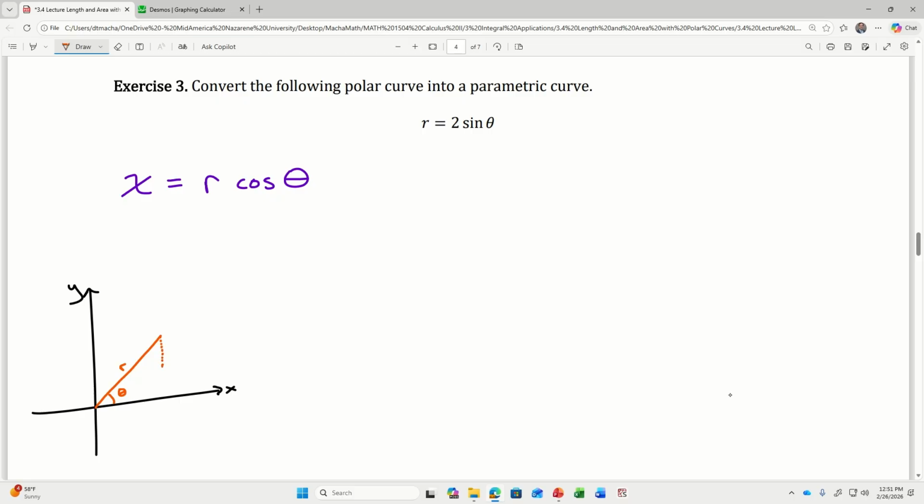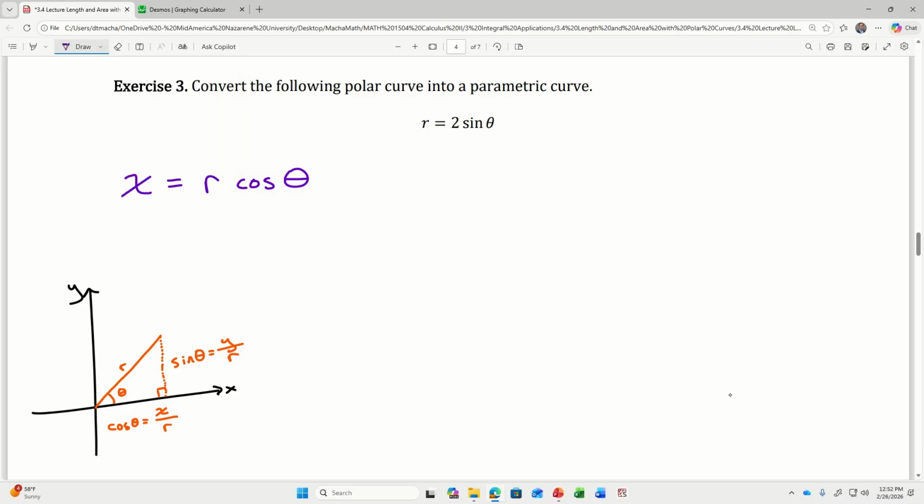I can go ahead and draw a vertical line to complete a right triangle here with the x-axis as my base, and then the definition of the cosine trig function would say that cosine of theta is the ratio of the adjacent side x divided by the hypotenuse r. And likewise, the definition of sine theta is the ratio of the opposite side y divided by the hypotenuse r.